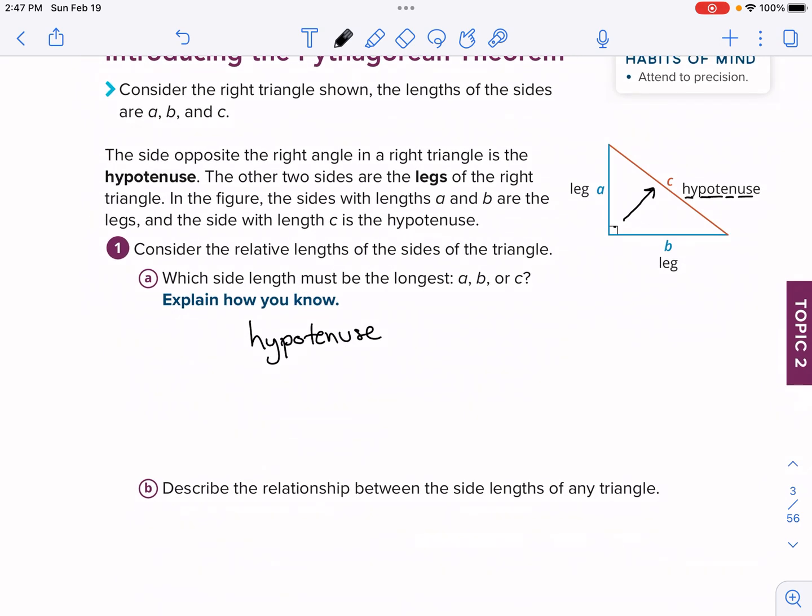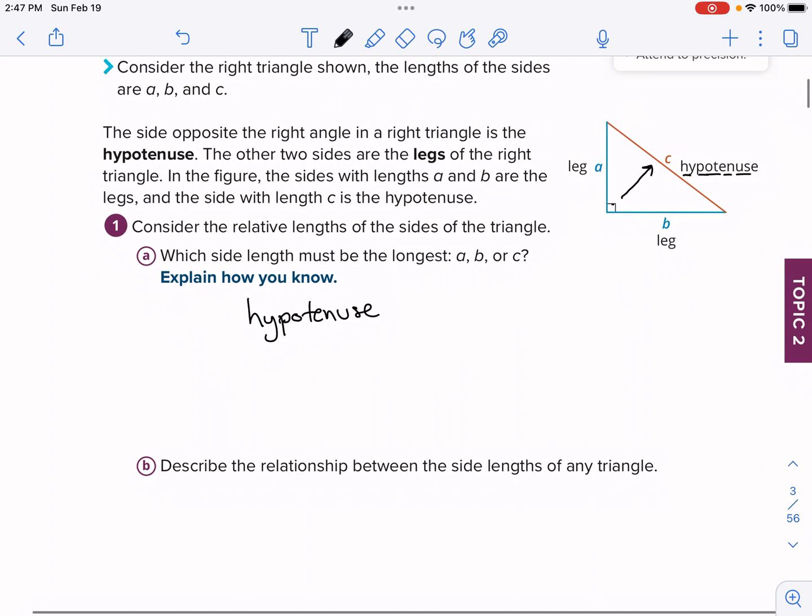Okay, and then from here, B, describe the relation between the side lengths of any triangle.